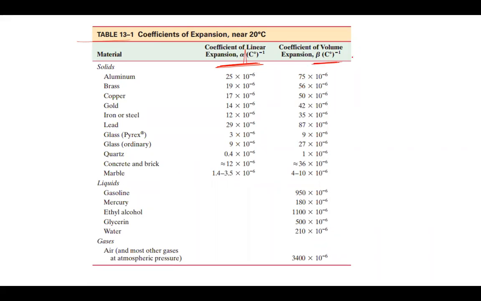Beta is the coefficient of volume expansion. Alpha, we said, is the coefficient of linear expansion. And then there's also gamma, which deals with area, sorry.